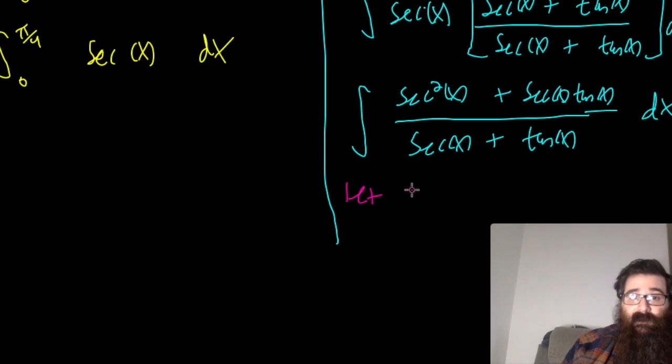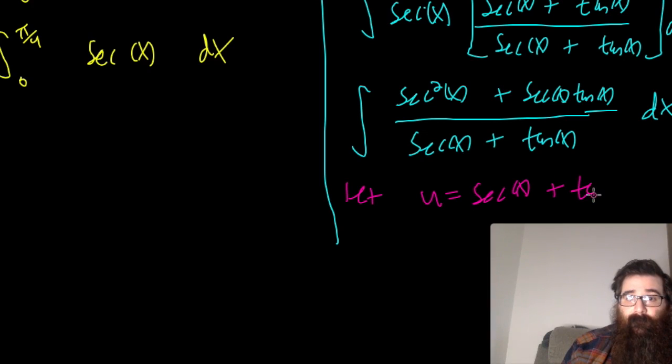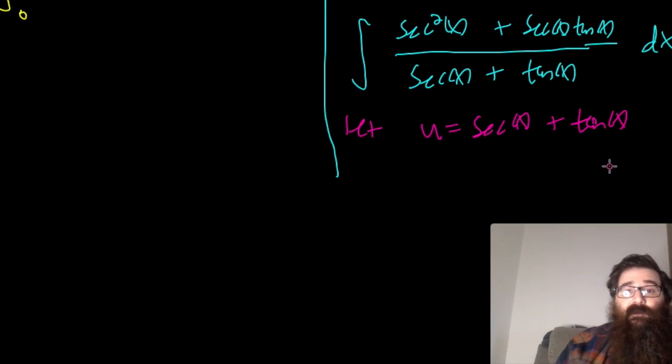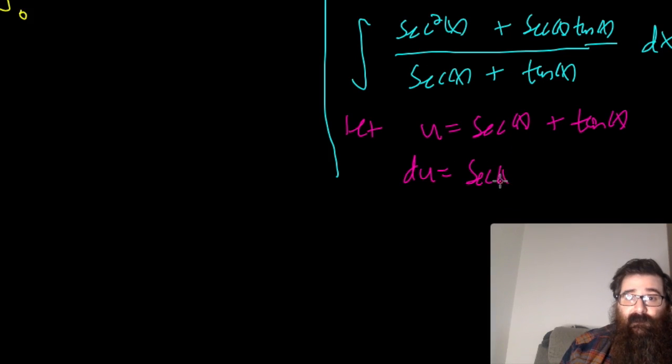To integrate this, let u be the denominator, where u is secant of x plus tangent of x. Then if I take the derivative, du: the derivative of secant is secant tangent, the derivative of tangent is secant squared, all with respect to x.